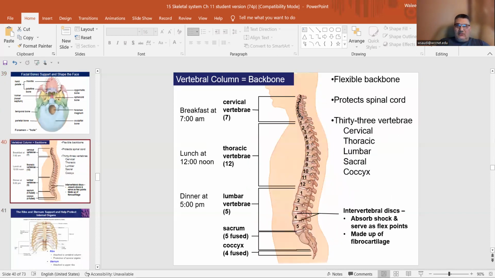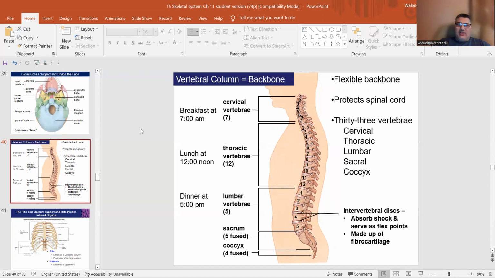The vertebral column: you have 7 cervical bones. Cervix means neck. 12 thoracic, 5 lumbar, 1 sacral, but understand that this sacral used to be 5, they fused, and 1 coccyx.